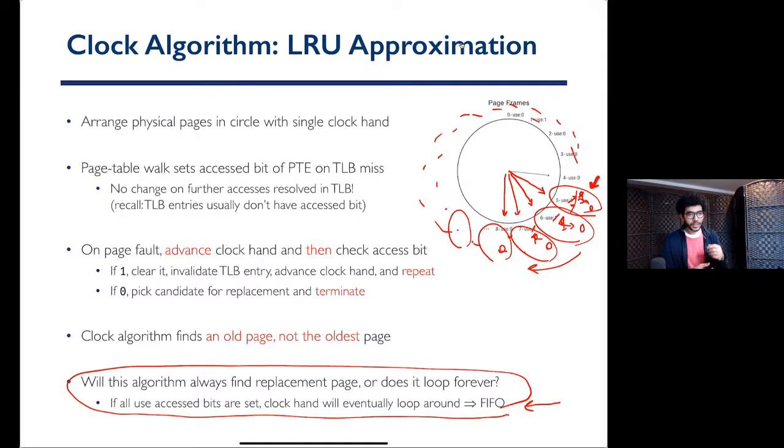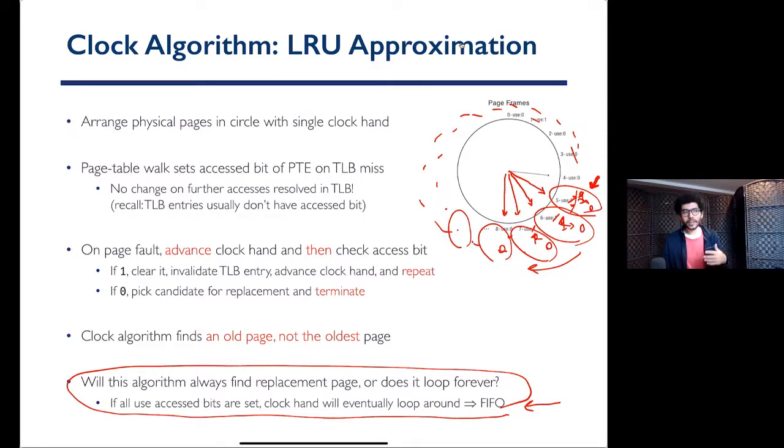With just giving everybody one chance, you're not really finding the one who has been used the least. By giving people more chances, you will actually find the one that hasn't been accessed, for example, 6 times. Well, that tells you that this page hasn't been used for a while. But if you only have 1 and 0, then your approximation is not that accurate, right?